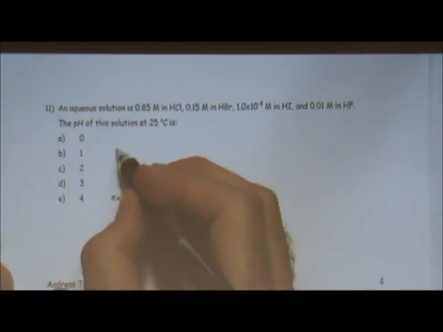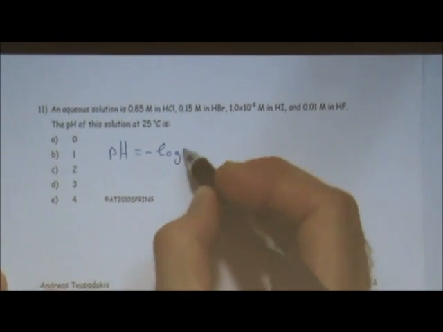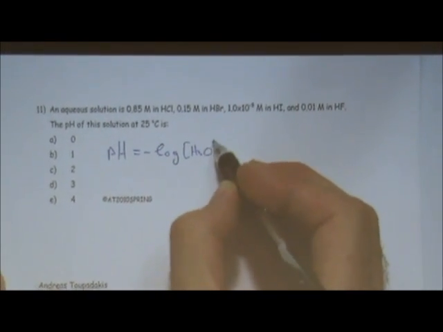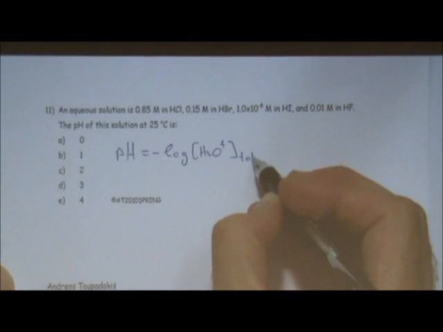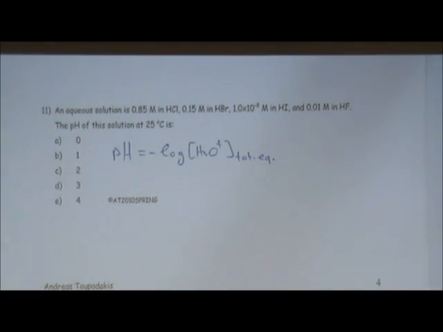When you have an aqueous solution, first of all, what do we want? We want the pH. If we want the pH, what we need is the total concentration of hydronium ions, coming from every source possible in the equilibrium state.